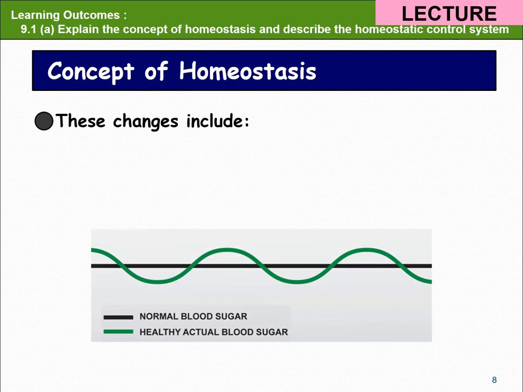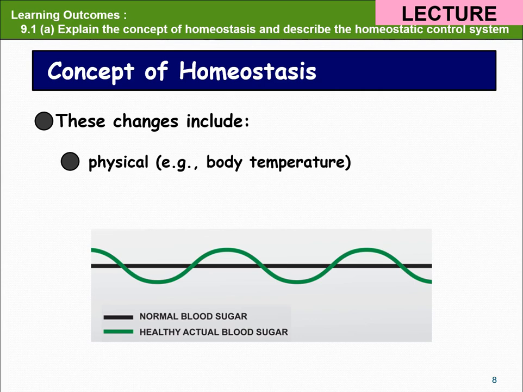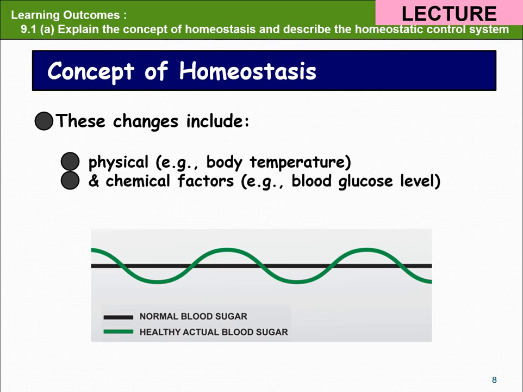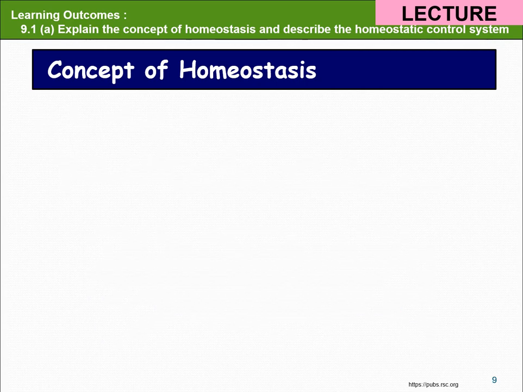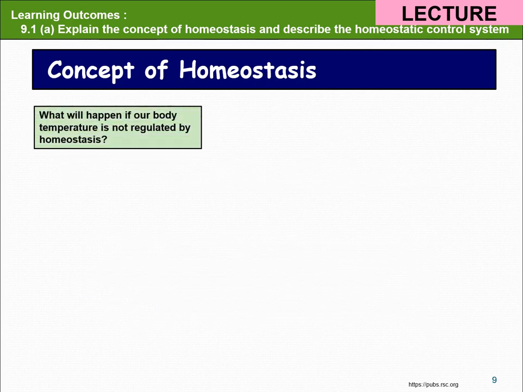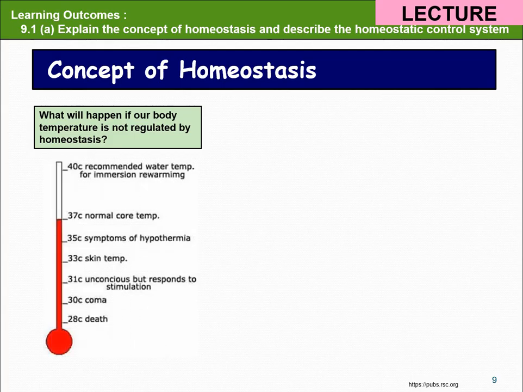Homeostasis will regulate the changes from the set point that include physical factors and chemical factors. I have one question. What will happen if our body temperature is not regulated by homeostasis? Let's look at this thermometer.